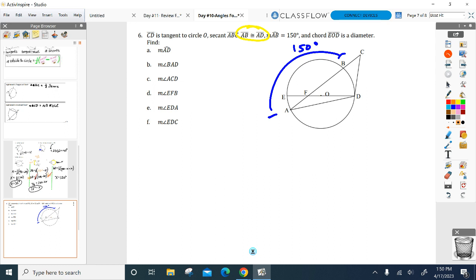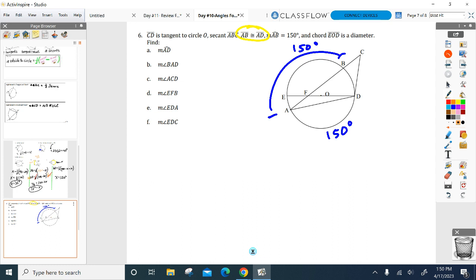So that gives us arc AD right now, right? 150. Arc AD is 150 because the chords are equal. Facts are power. All right, I need more though. What about arc EA? Arc BD? EB? I need every single arc up here. So let's start with EA. 30.